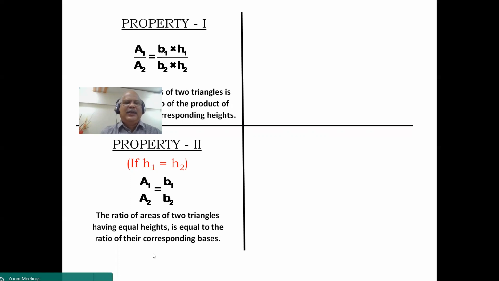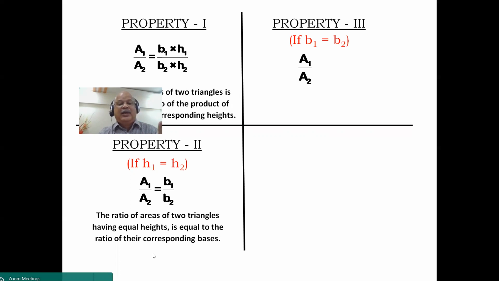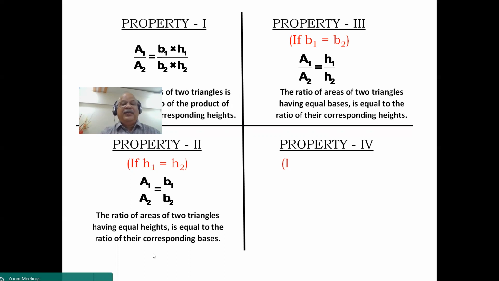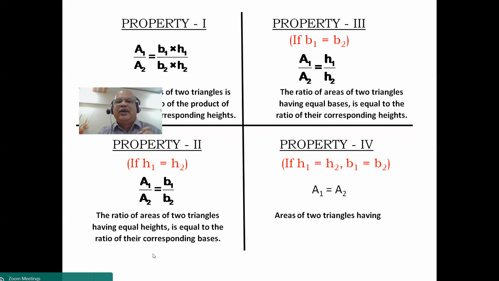Similarly, property number 3 says that if the bases are equal, the bases would vanish, and the ratio of the areas would be equal to height upon height. And finally, property number 4: if the heights and bases both are equal, then both would vanish, and the area of the first triangle would be equal to the area of the second triangle.